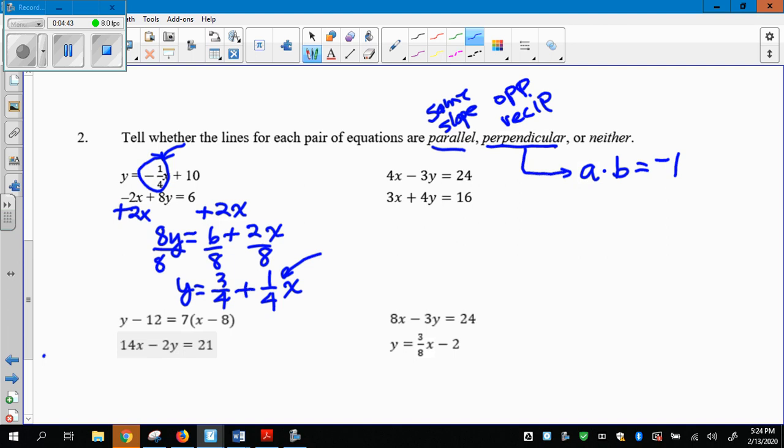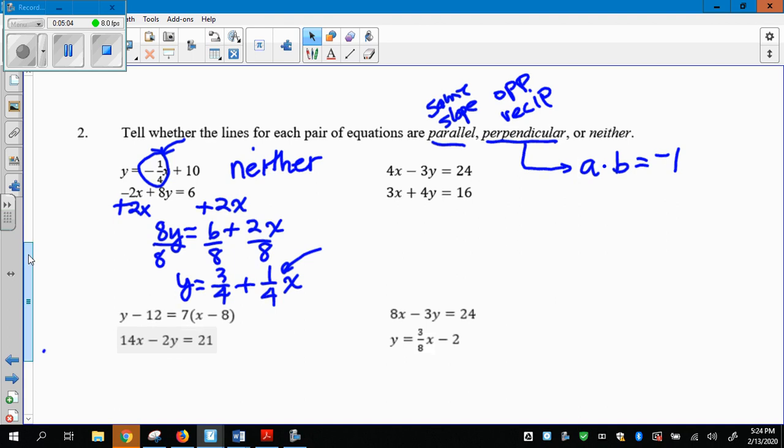If they were both -1/4, then they would be parallel. But so we're going to say neither. Okay, so the objective here is to figure out what the slopes of the graphs of the two equations are, and then compare them and see if you have the same slope or opposite reciprocal slopes. All right.